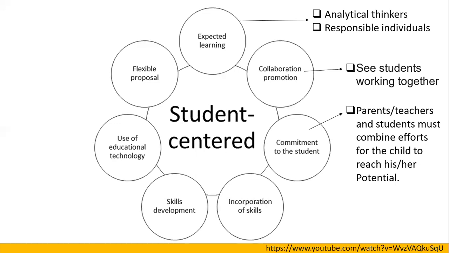To reach a goal, to achieve a goal. What is our goal? That the students learn, okay? So, in the commitment to students, there is a triangle terminology. Parents, teachers, and students must combine efforts for the child to reach his or her potential.